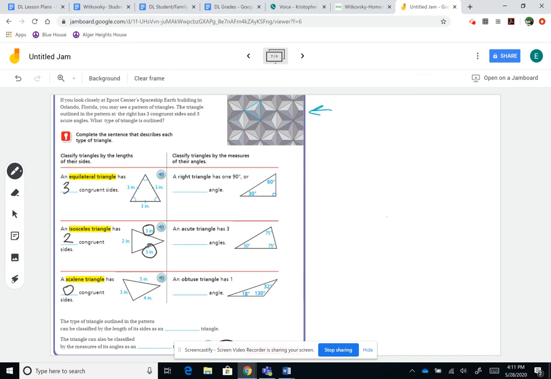Now let's look at the next one. We have a right triangle. A right triangle has one 90-degree angle, or what kind of angle is that called? It's actually right there. It's called a right angle. The next one is called an acute. Now, don't forget, a right angle is a wall and a floor, or a ceiling and a wall.